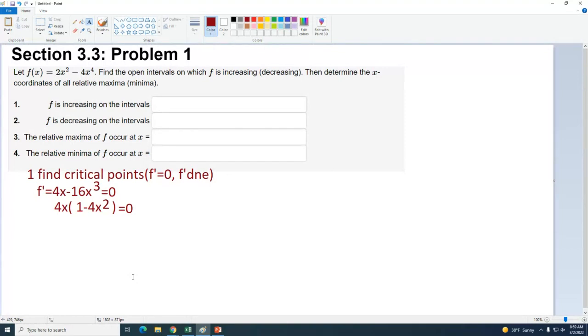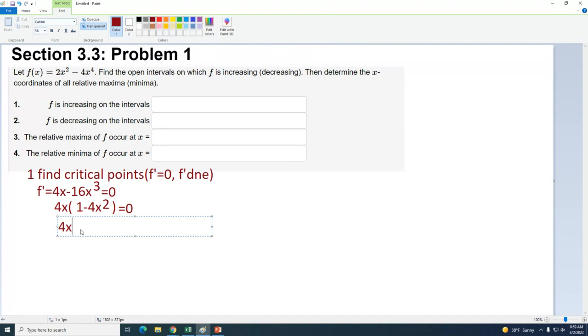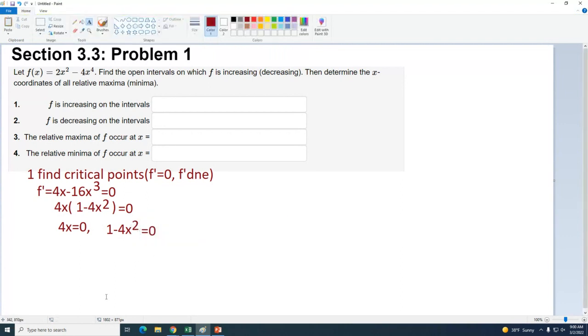Right? Yes. So 4x equal to 0, right? Right. So we have 4x equal to 0. And we also have the second part, which is 1 minus 4x squared equal to 0. So basically, the factoring allows us to write a big equation as two smaller equations. Now, the first one, if 4x equals 0, what is the solution?